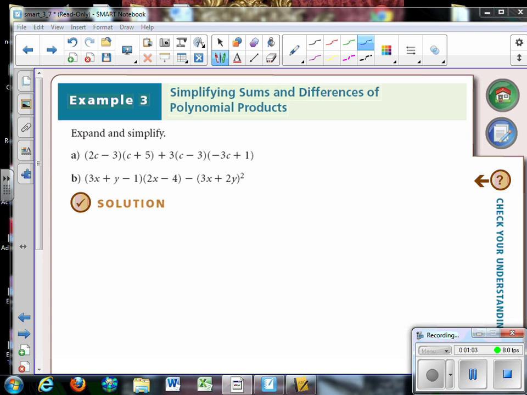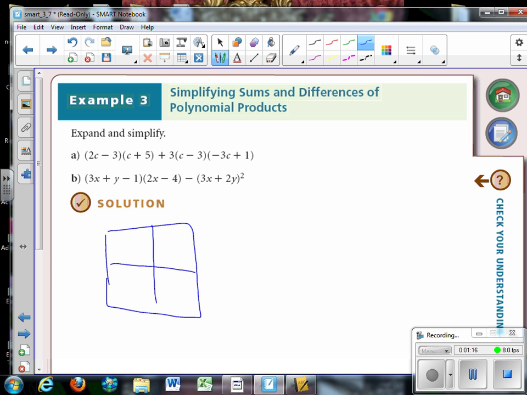So the first thing we're going to do is start with 2c minus 3 and c plus 5. So I'll set up a 2 by 2. With that 2 by 2, you can put the 2c minus 3 up here, and then the c plus 5 down here, and multiply on your squares.